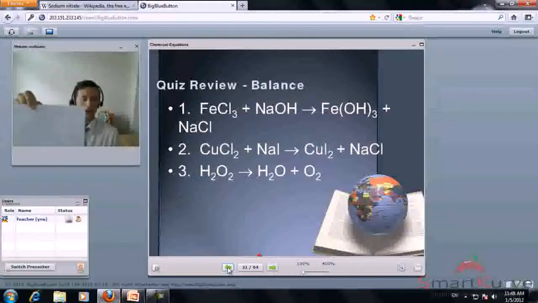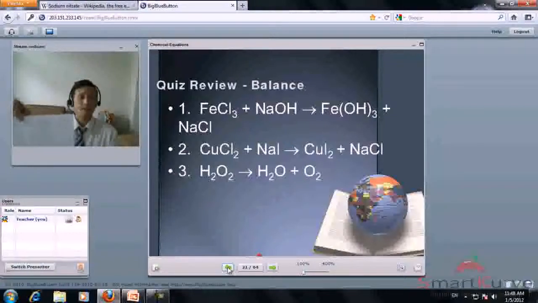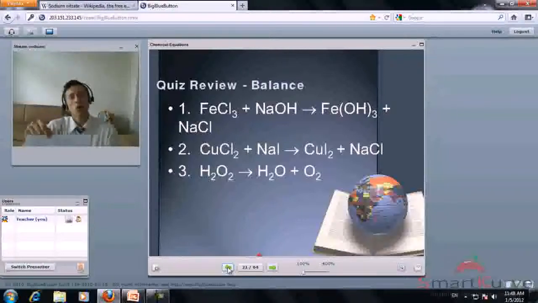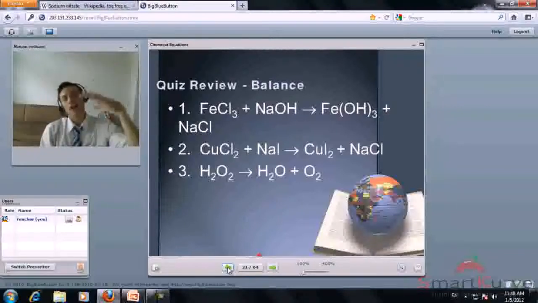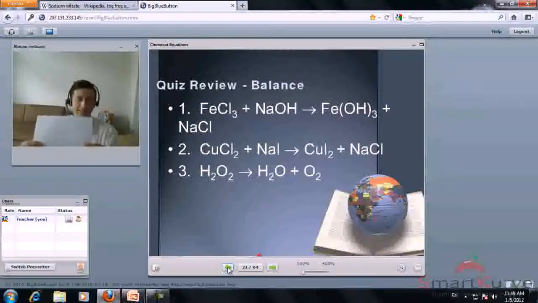Sodium hydroxide, a very common chemical, commonly known as lye. It's used to make paper. It's used to make soap. Your chemistry laboratory at school probably has a very large jar of it. It comes as little white pellets.